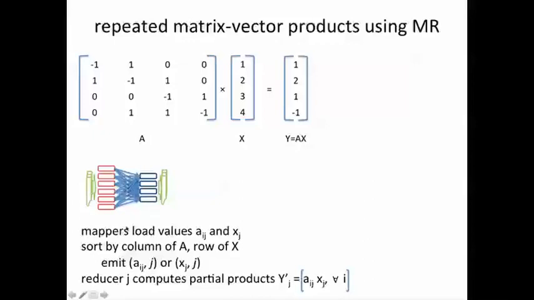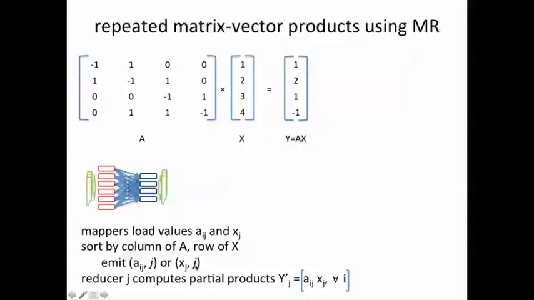The mappers are going to sort these by column of A and row of X. So a mapper will emit the key J for aij. If it reads aij, it'll emit J as its key, telling it to go to the jth reducer. And for any element of X, it'll just tell the jth element to go to the jth reducer.